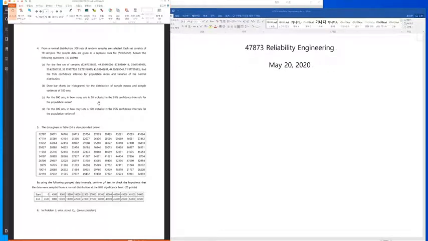And drawing a bar chart with the data, I wanted you to actually count whether 50 was included in the 95% confidence interval. Because 50 and 100 are in fact the population mean and population variance of the original normal distribution, the expected probability of 50 being included in this 95% confidence interval is actually 0.95.